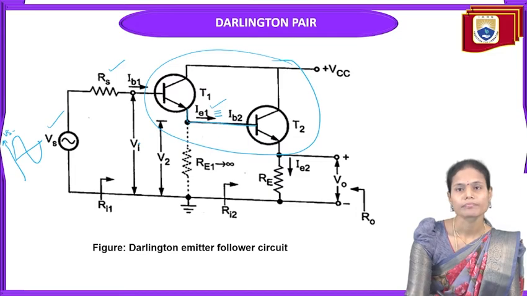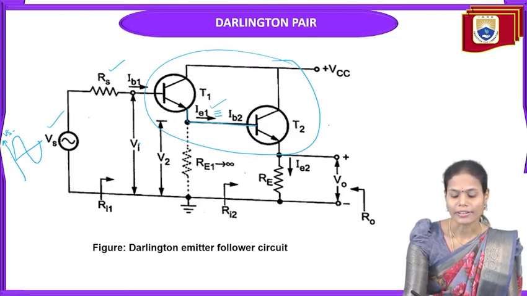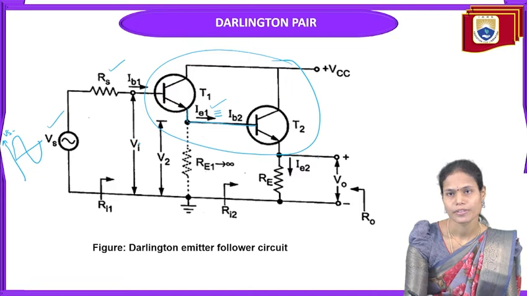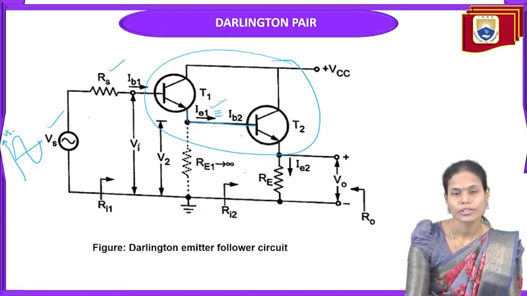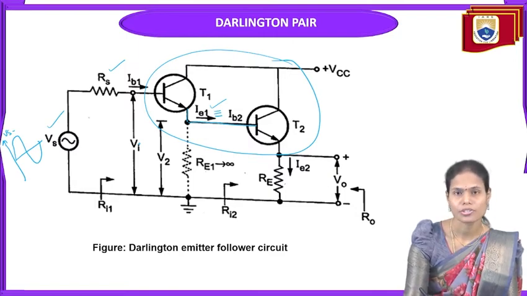And here the emitter resistor RE1 is also providing infinite impedance. While coming to the second stage, for the second stage input we are providing from the emitter of the first stage, and the output we are taking across the emitter terminal or across the emitter resistor of the second stage.